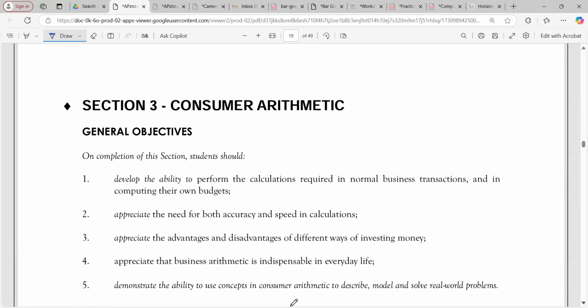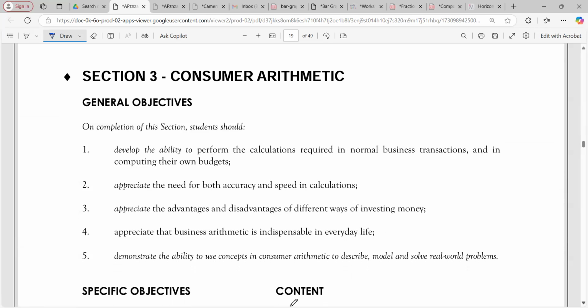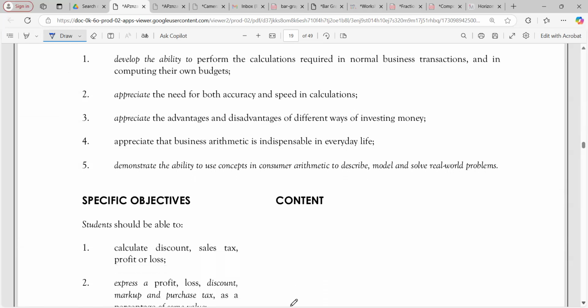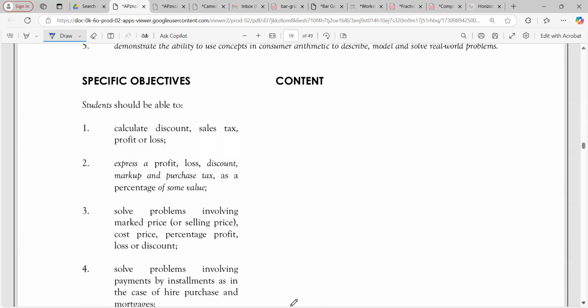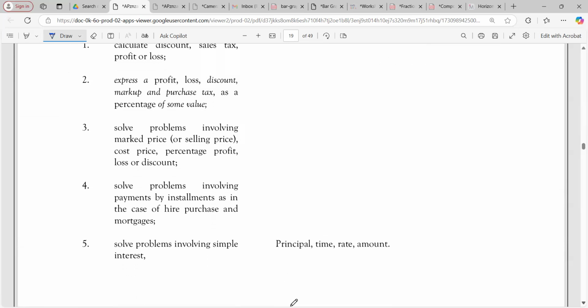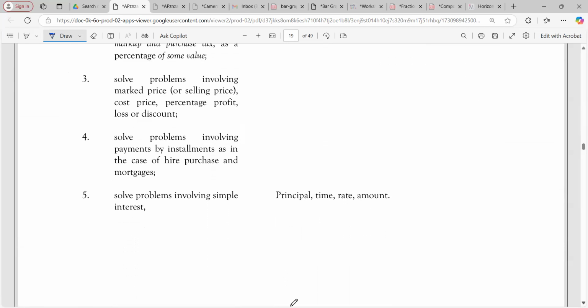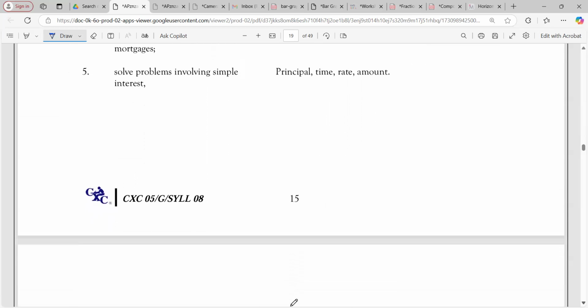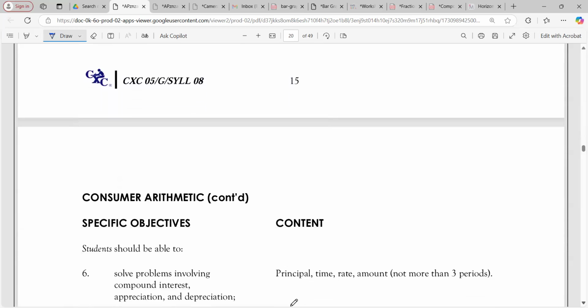Next, we have consumer arithmetic. We know that can be one of the longest topics. There are so many topics under consumer arithmetic. Profit or loss, discount, markup, purchase tax. I think bills come in it as well. So quite a lot. Mortgages, simple interest, principal, rate, amount, a lot of topics come under consumer arithmetic.